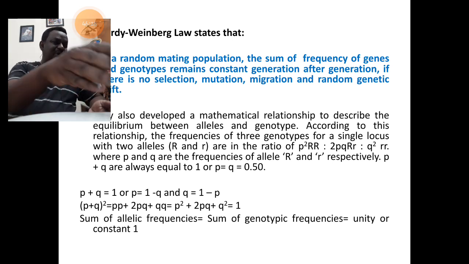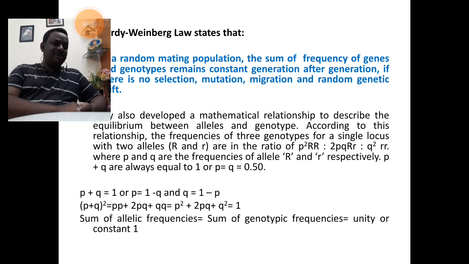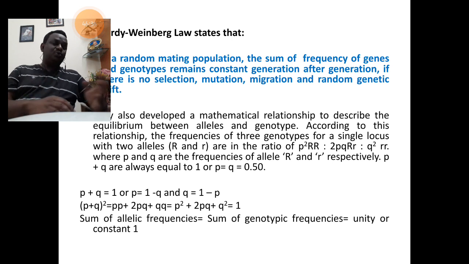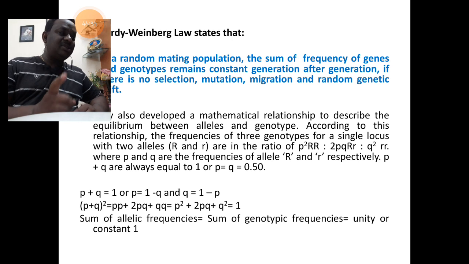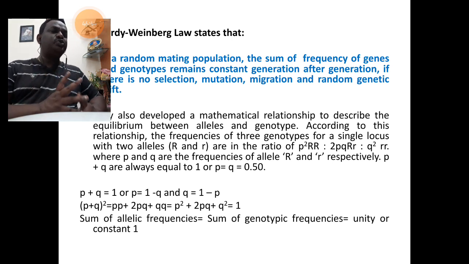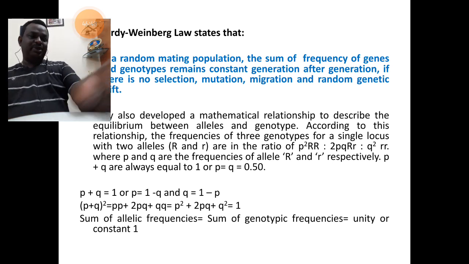That is also equal to 1. Just now we have understood, whether it is P plus Q is equal to 1 or (P plus Q) whole square is equal to 1, both remain constant. That's what it says. The condition here is there are no external forces of selection, mutation, migration and genetic drift acting upon this population.